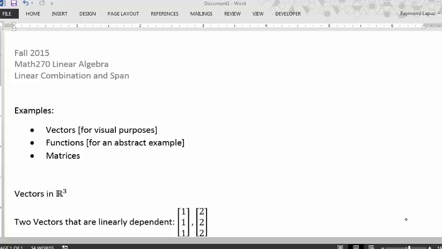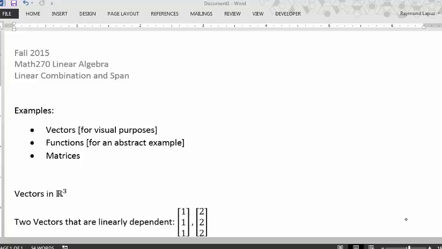We do talk about that in differential equations. And then we're currently talking about matrices, so the idea of matrices as a vector space is also something that we don't really dive into, but the concepts of vectors, such as the linear combination and span, apply to matrices.